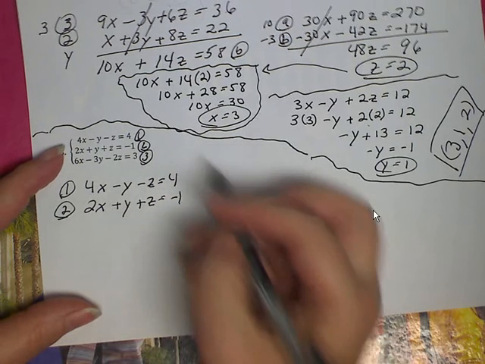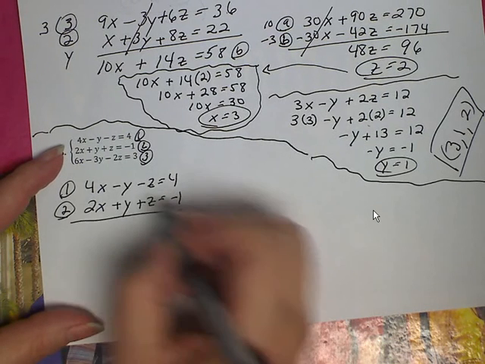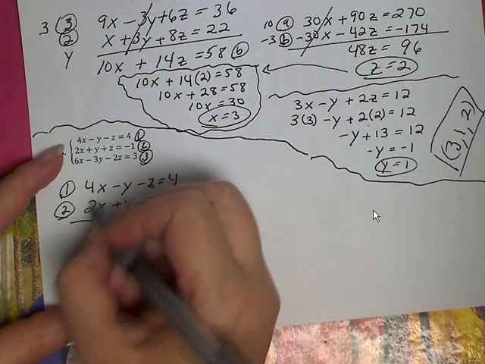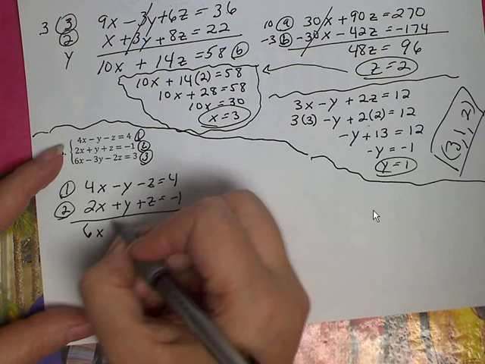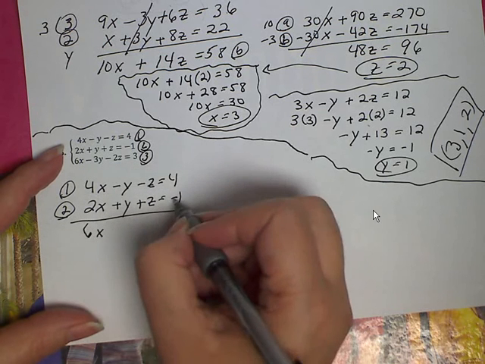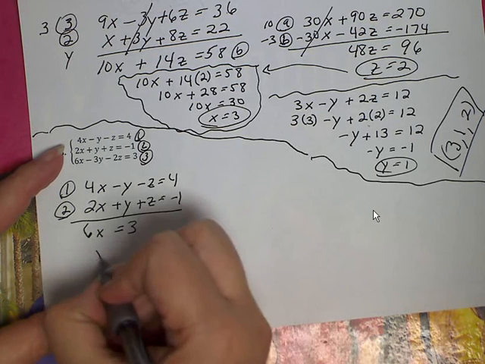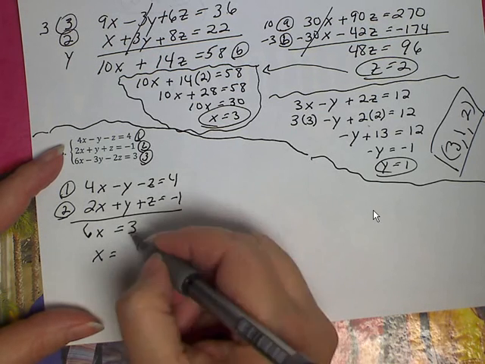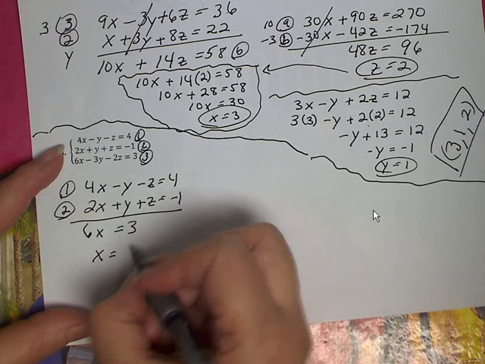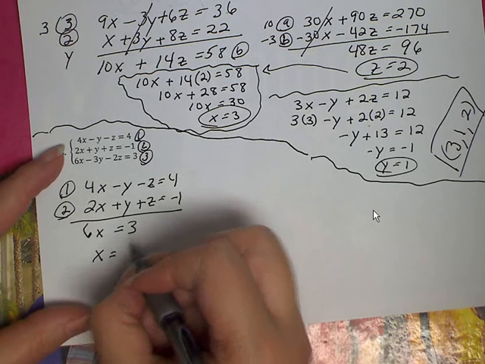Just the first two equations. Add down. 4 and 2 is 6x. That's gone, that's gone. 4 minus 1 is 3. So x equals 3 divided by 6, which is 0.5.